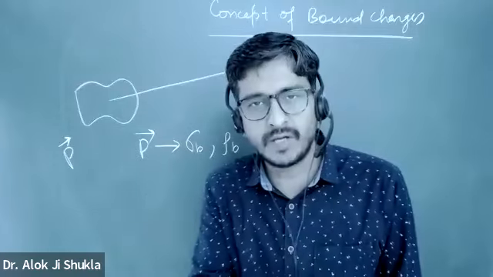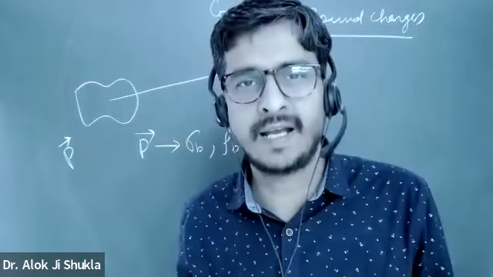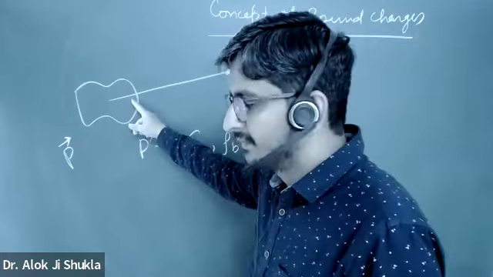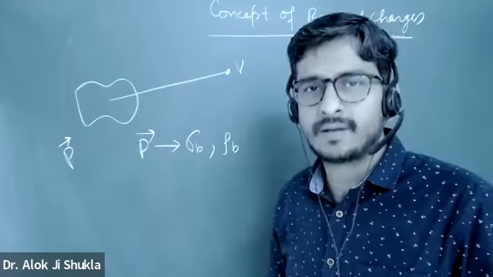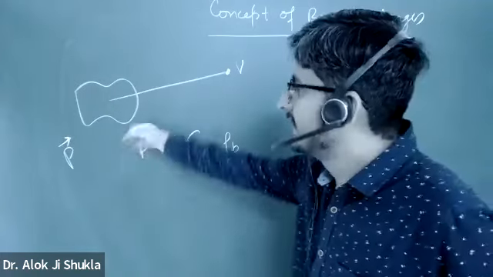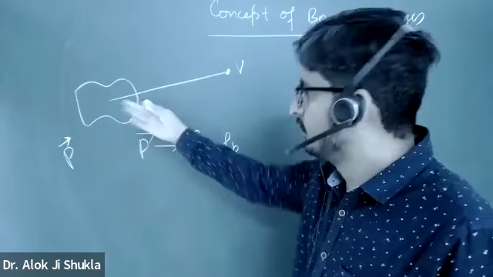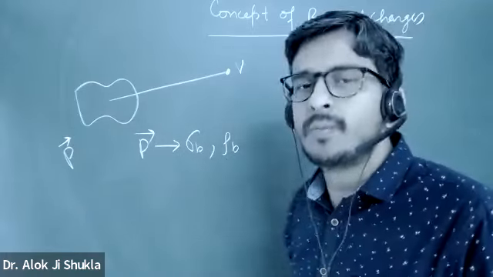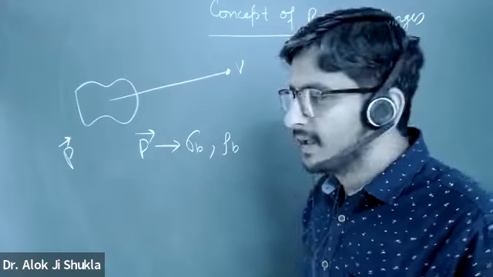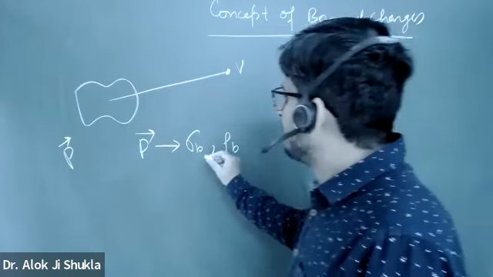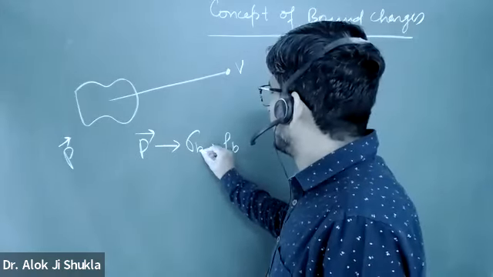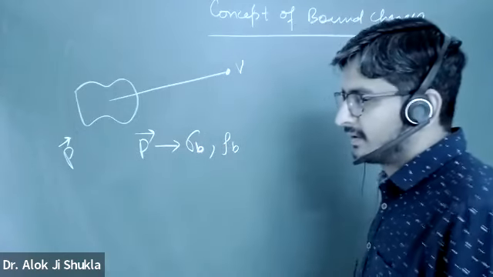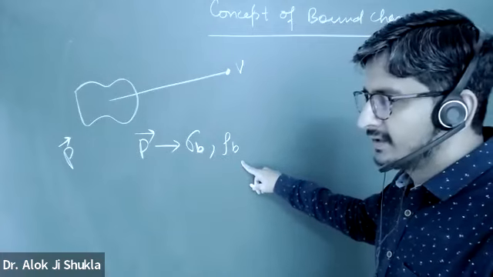Because if there is potential, that means there is some charge that has appeared. If it were neutral, then no potential would be formed. If there is no surface charge, no volume charge, there will be no potential, right? But if some surface charge and some volume charge is formed, they are called bound charges.